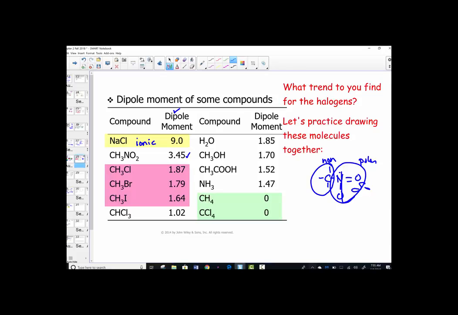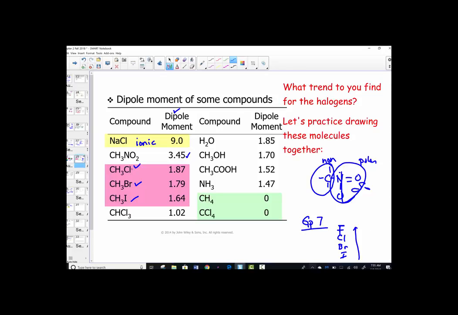Let's look at the trends for the halogen. We have a chlorine followed by a bromine followed by an iodine. Remember, group 7 are called the halogens. It goes fluorine, chlorine, bromine, iodine. Of course, fluorine is the most electronegative element, so electronegativity is highest with fluorine, then chlorine, bromine, iodine.